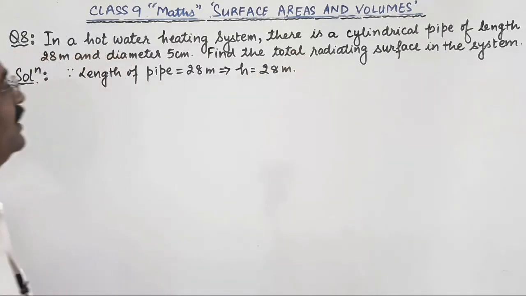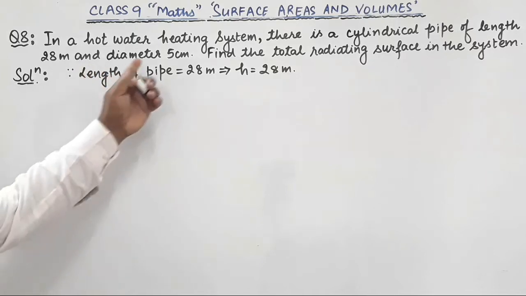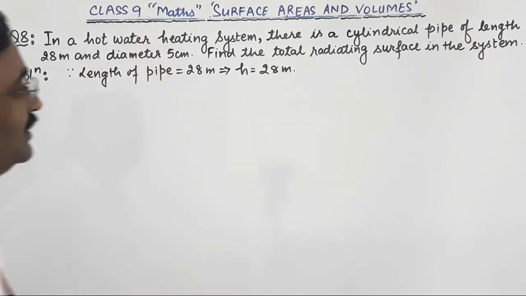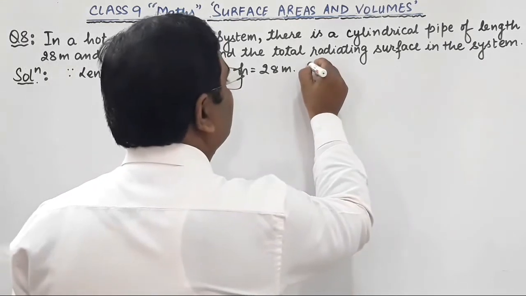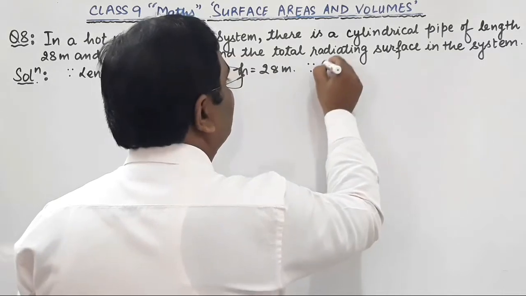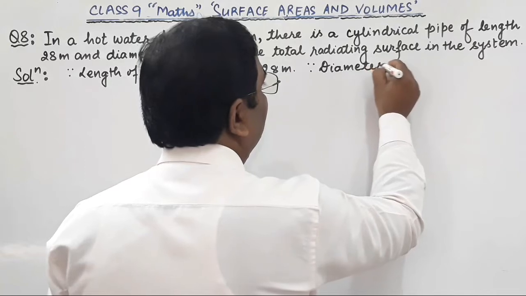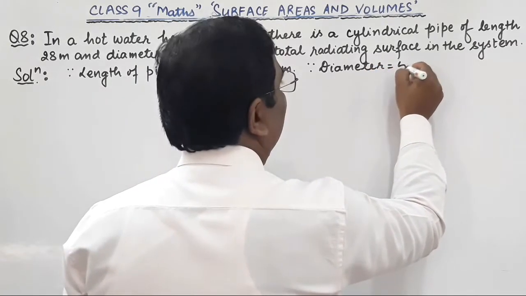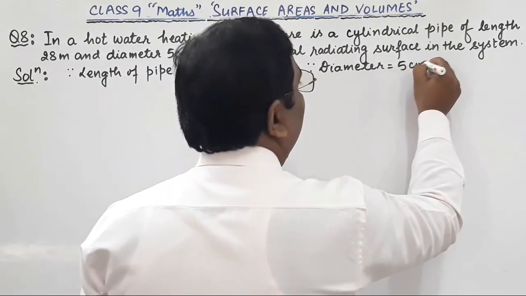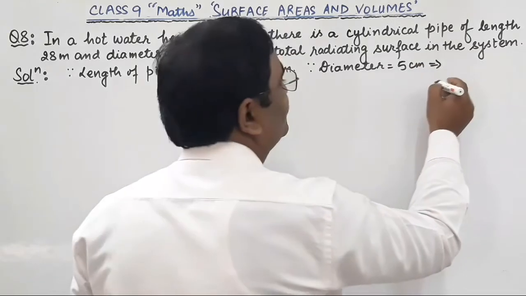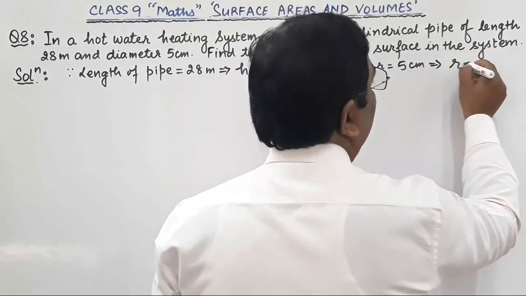28 meter. After that, its diameter is given, 5 centimeter. So since diameter is 5 centimeter, it implies that radius will be half of this.